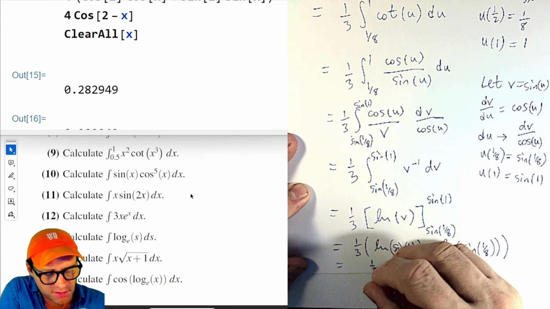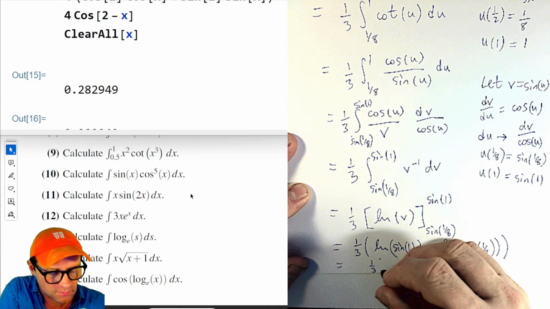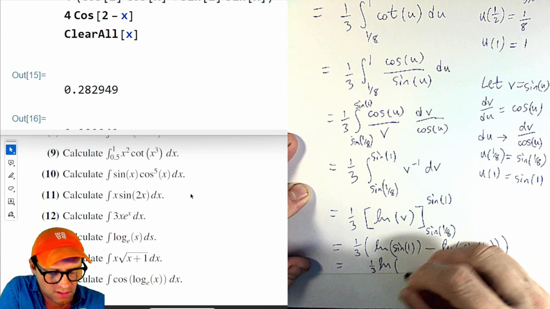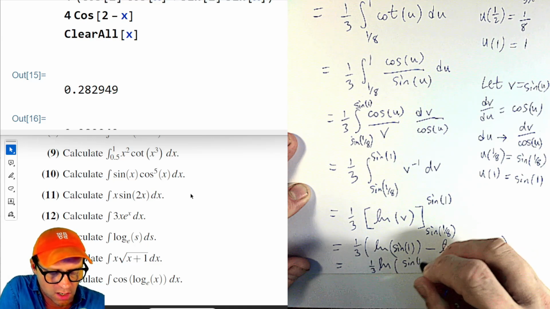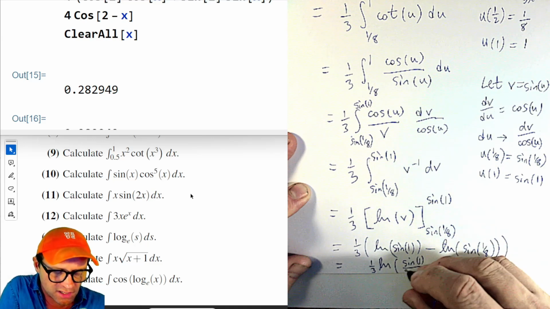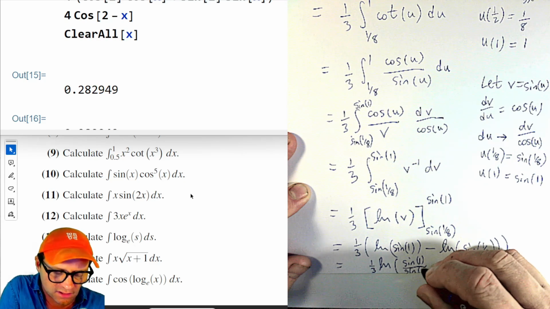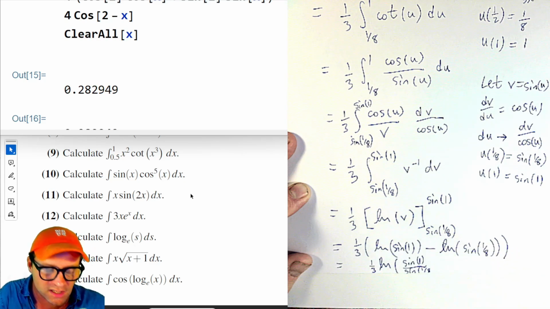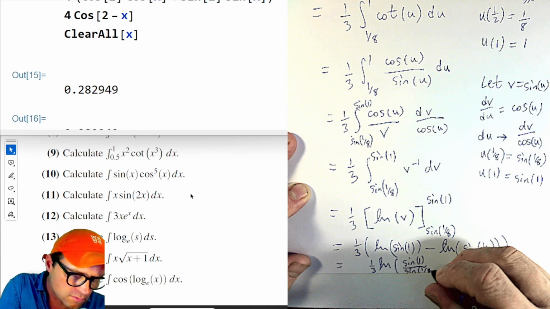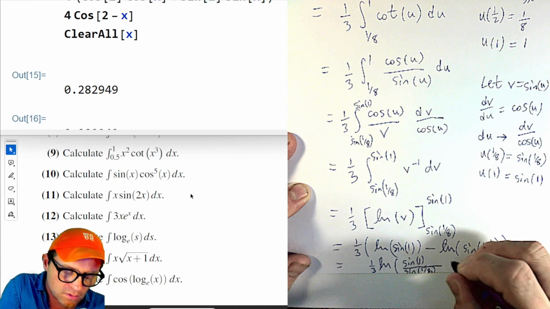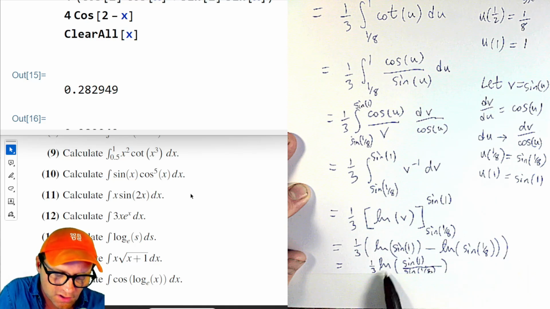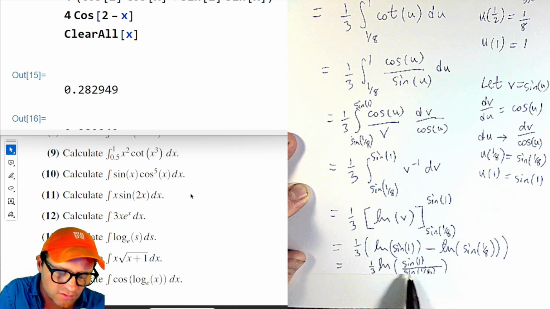So we have 1/3 natural logarithm of the quotient sine of 1 over sine of 1/8. And I'm struggling to fit this in here. I hope you can read it, but I'm writing 1/3 ln sine of 1 over sine of 1/8.